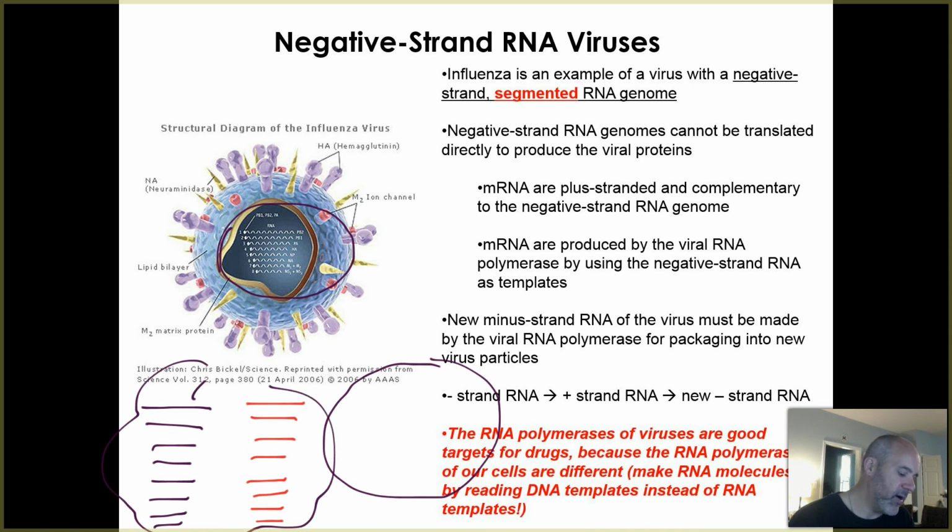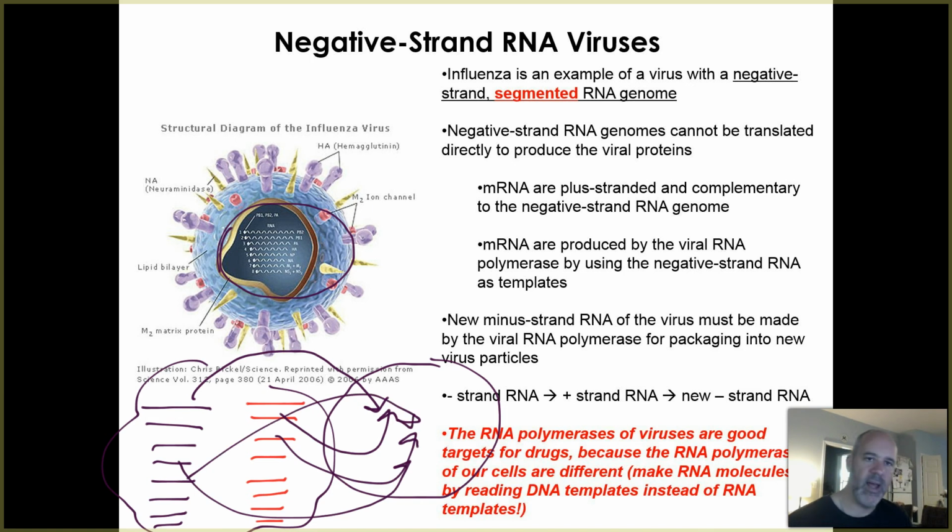Like you might have a virus that picked up a copy of that one, and that one, and that piece, and this piece, and that piece, and so forth. You can imagine if all those pieces of RNA were replicating at the same time in the host cell, and each new virus particle only picks up 8 of them, 1 copy of each segment, you're going to get different combinations that come out.